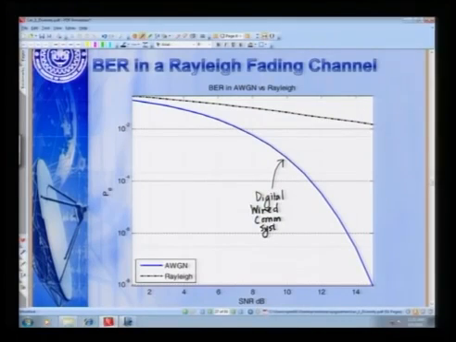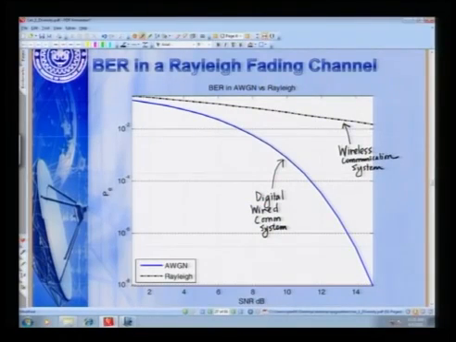This is what we had seen earlier. This is Q function of square root of SNR, and this curve here is for a Rayleigh fading channel or a wireless communication system.